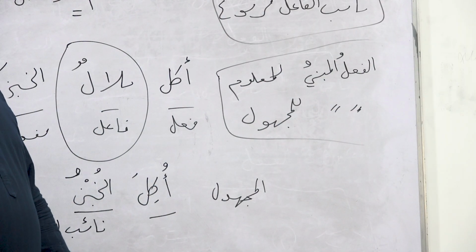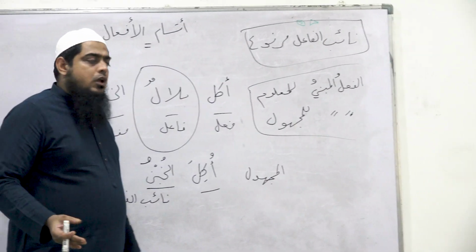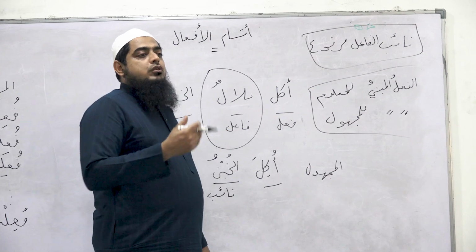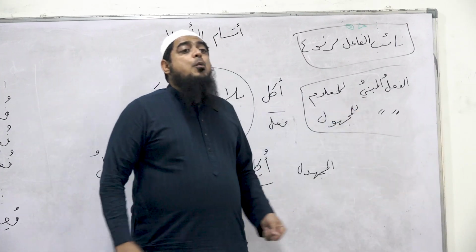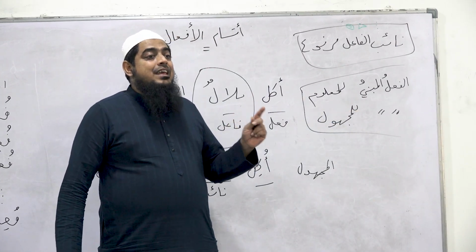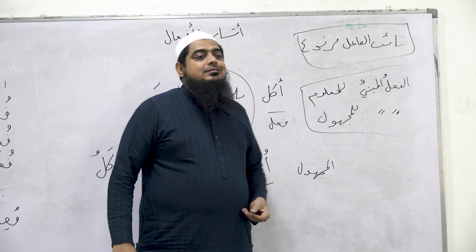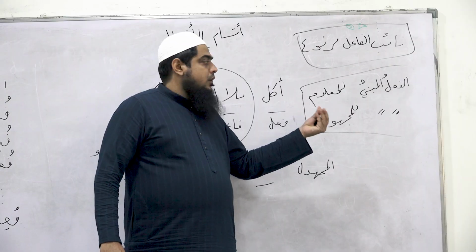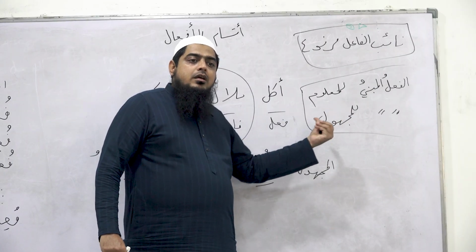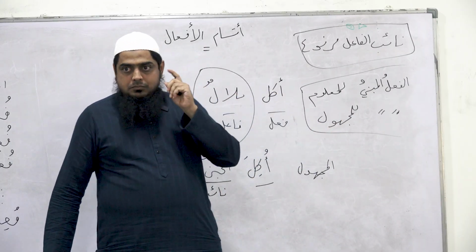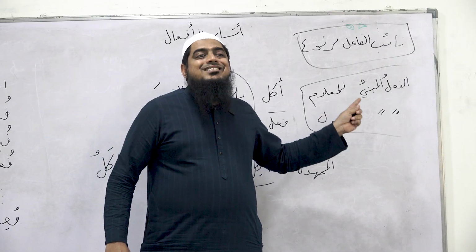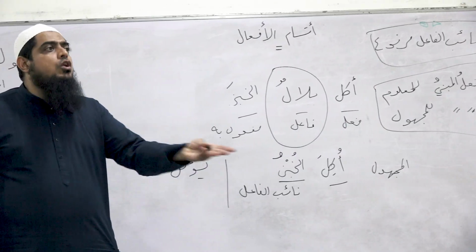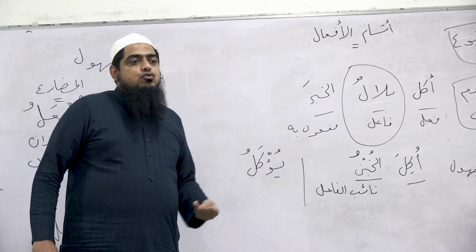So you can say الفعل المعلوم الفعل المجهول, or you can say الفعل المبني للمعلوم الفعل المبني للمجهول. So here مبني is not the opposite of معرب. Here مبني means constructed: the verb which has been constructed for معلوم, the verb which has been constructed for majhul. So in some books they will mention this name, so don't get confused.